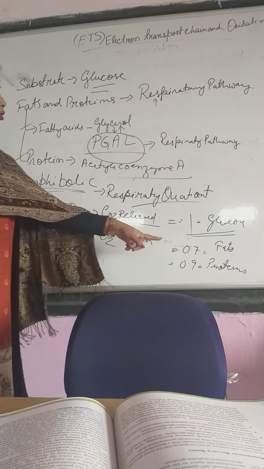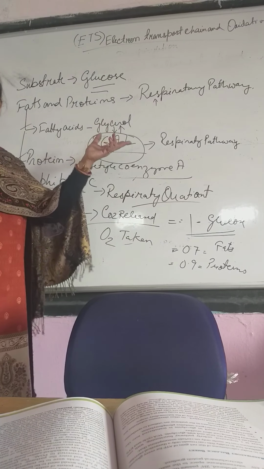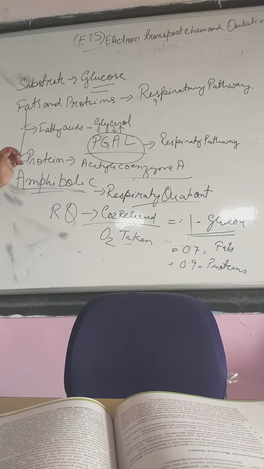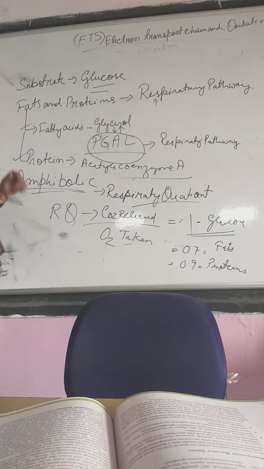But when proteins and fat go into the reverse, we call it anabolism. Okay, so ultimately we have come together to the metabolic pathway. We have seen how substrates other than glucose can also enter the respiratory pathway.